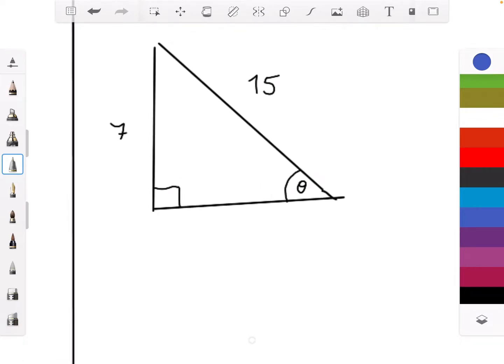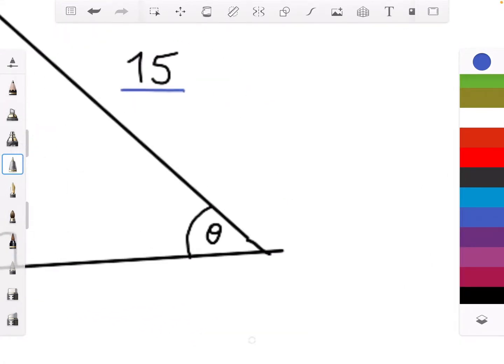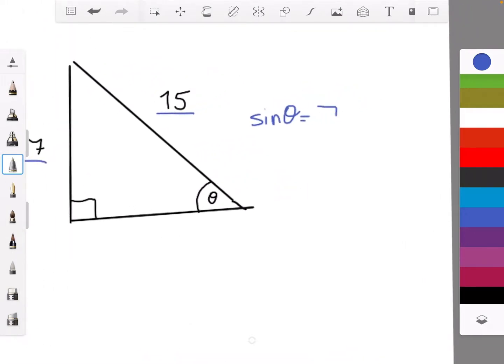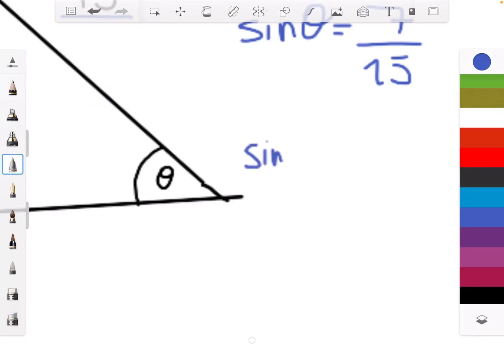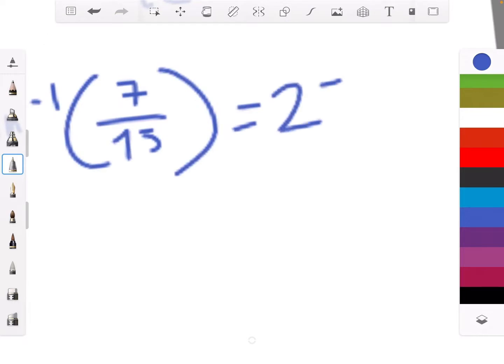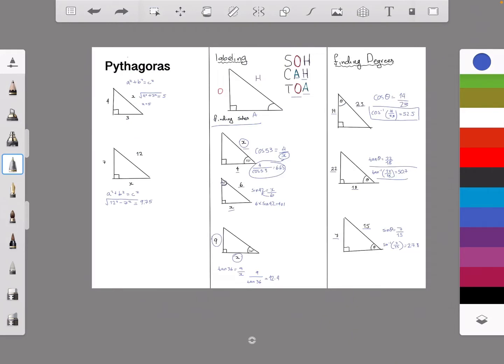You are given hypotenuse, you are given opposite. So this would be sine. Sine theta equals 7 over 15. Again, sine inverse 7 over 15. Your answer is 27.8. Now you have learned how to do Pythagoras formula, how to find sides, and how to find degrees.